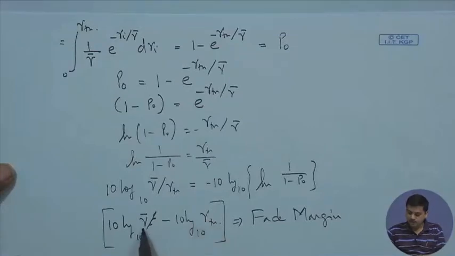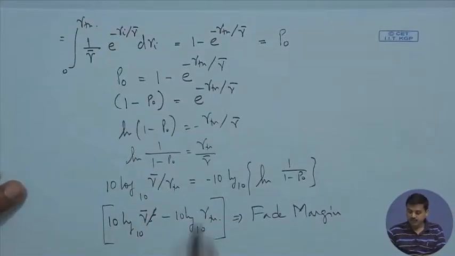So if we want the signal to have a certain outage probability, then the difference between the average SNR and threshold should be given by this particular expression. So with this we can find how much fade margin we require.